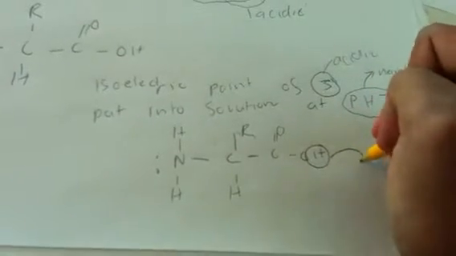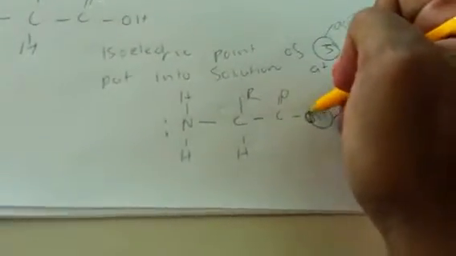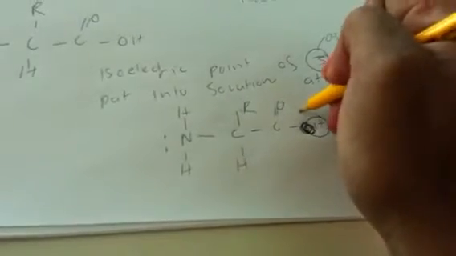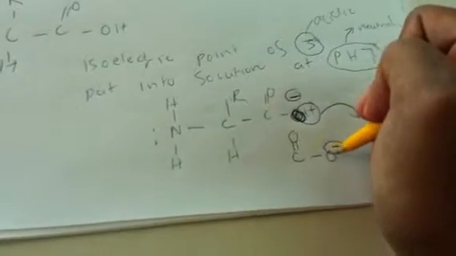So this H plus will dissociate and go into solution, and we get this O becoming a minus. If I just draw the carboxyl group separately, what we'll get is that with a minus on it.